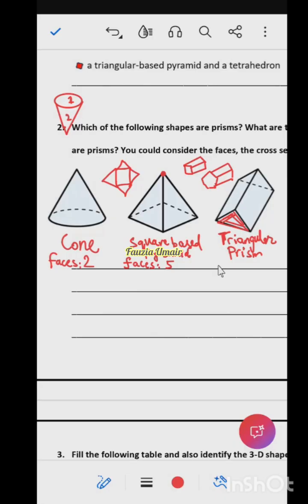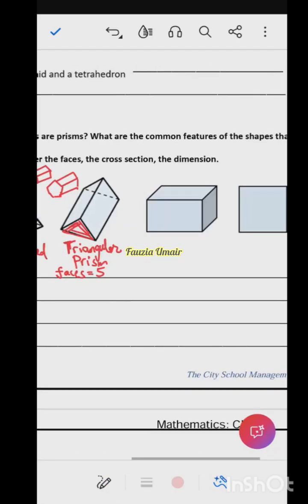So how many faces? Ma'am, 5. 5 faces, very good. One on the top, one below, and 3 sides. That's right. So then what about this one?